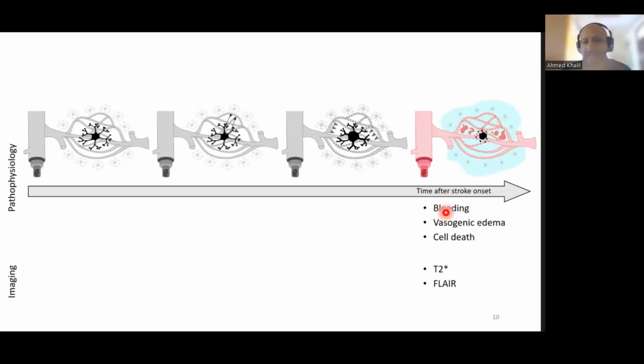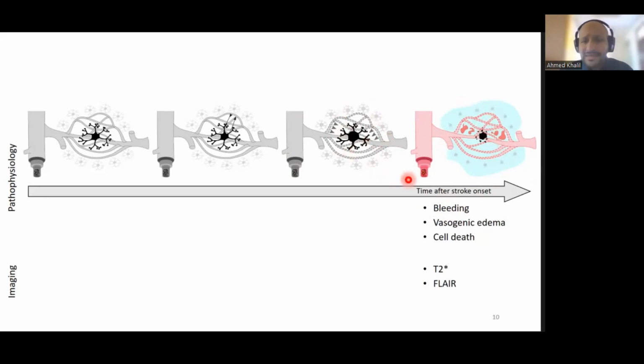It often becomes hemorrhagic, or sorry, the ischemic tissue starts to accumulate blood products. And because the barrier between the blood and the brain is so leaky, water starts to accumulate not only within the cells, but also in the interstitial space. That's what we call vasogenic edema, extracellular water accumulation.